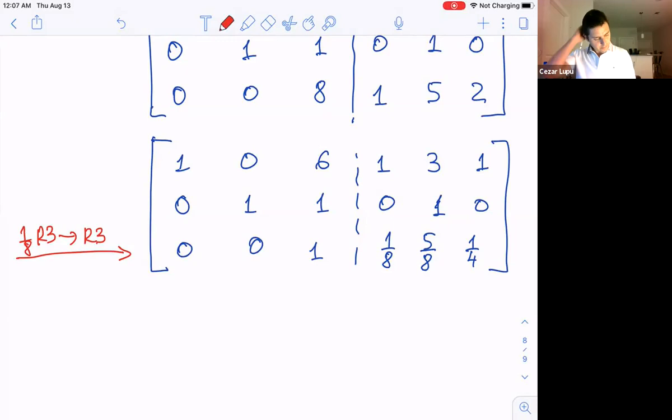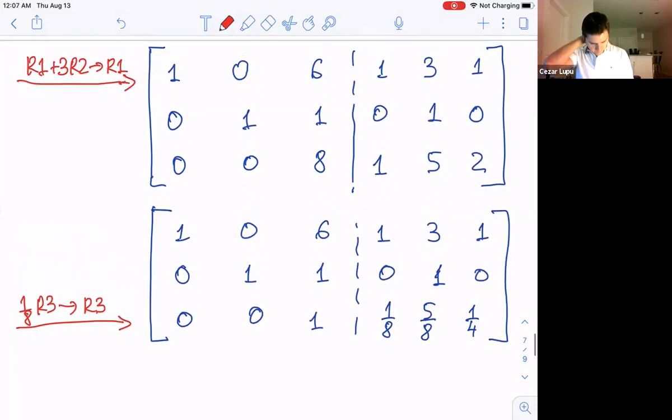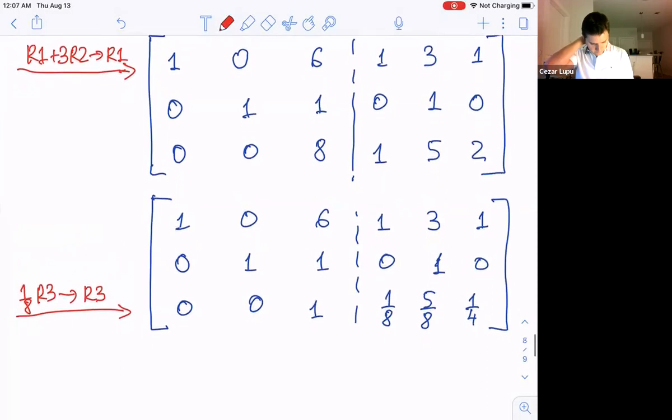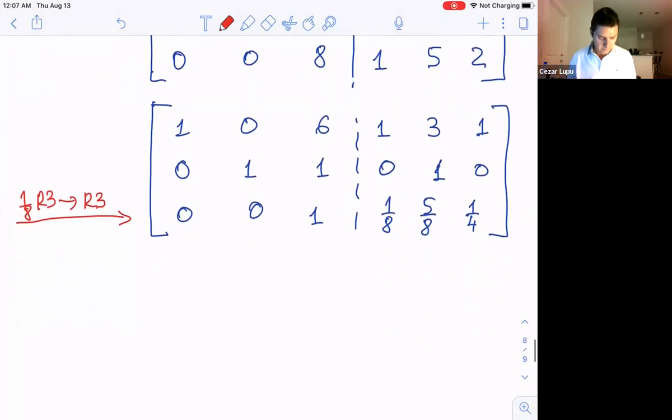Okay, let's do this. So R1 plus -6 R3 will be my new R1, right?